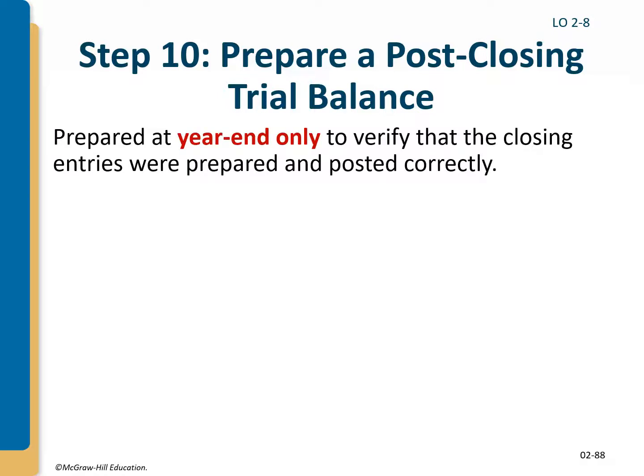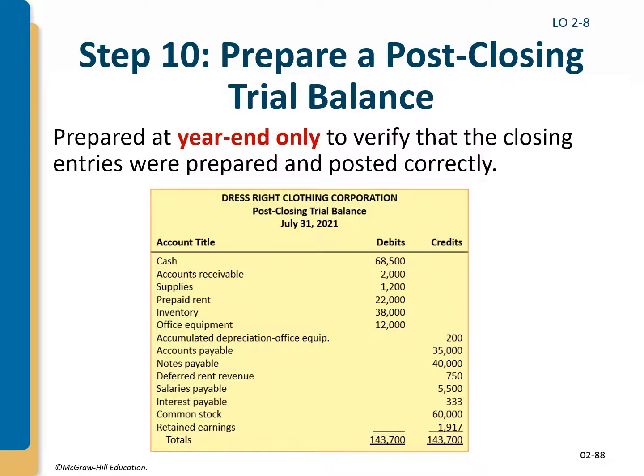So the only accounts that will have balances are those that are considered permanent, or don't change during the closing journal entry process: the assets, the liabilities, and the two major parts of stockholders' equity, common stock and retained earnings. So the cash, accounts receivable, supplies, all these asset balances are the same as they were when we made the balance sheet because no journal entries were done to change them.